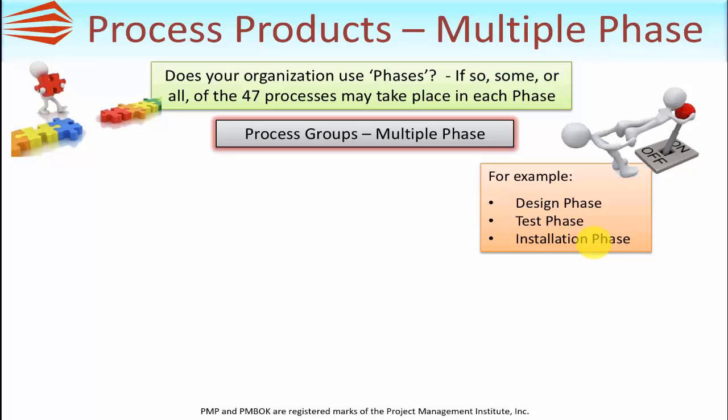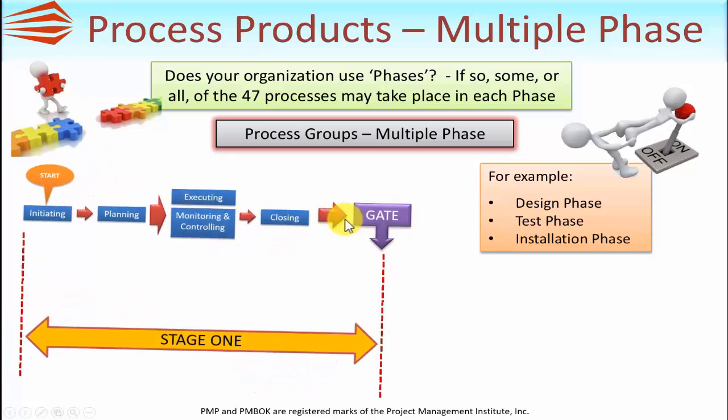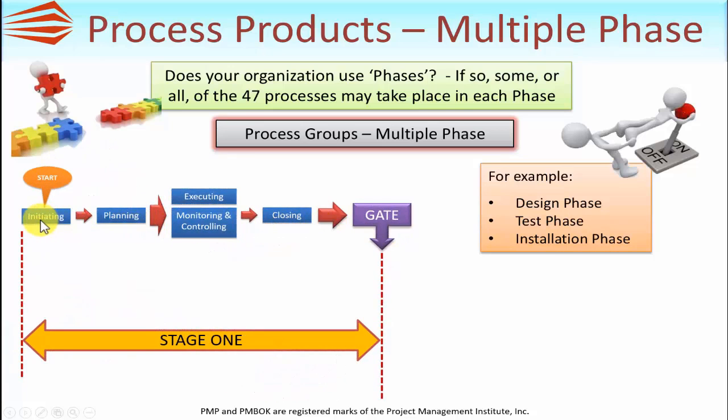They're all phases. And what you'd want to do is to take the 5 process groups, here they are again, exactly as in the previous slide, and you might use all of those in one phase. As I said, if you do use phases, some or all of the 47 processes within these 5 process groups may take place in each phase.